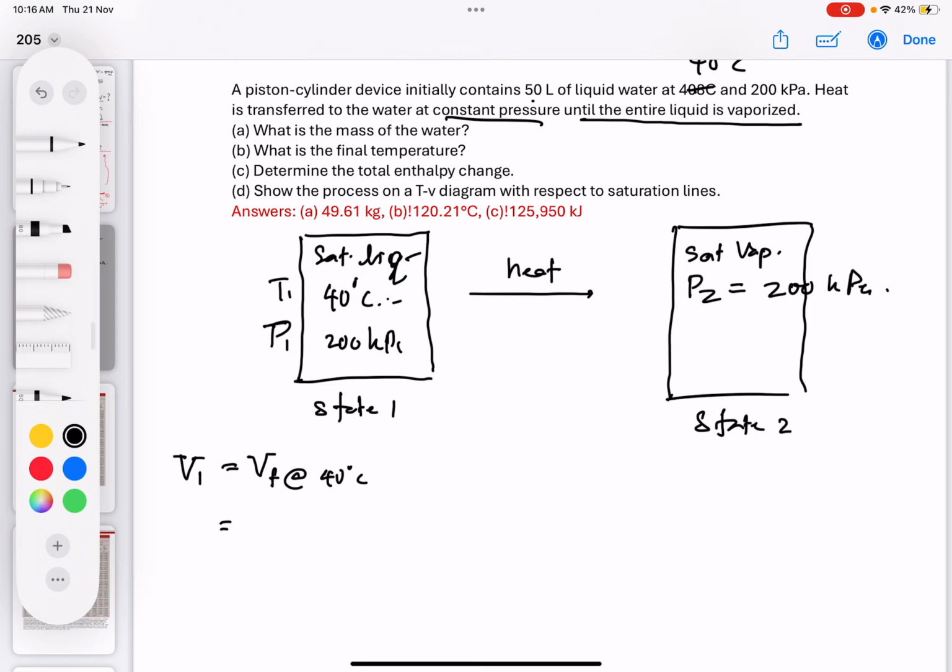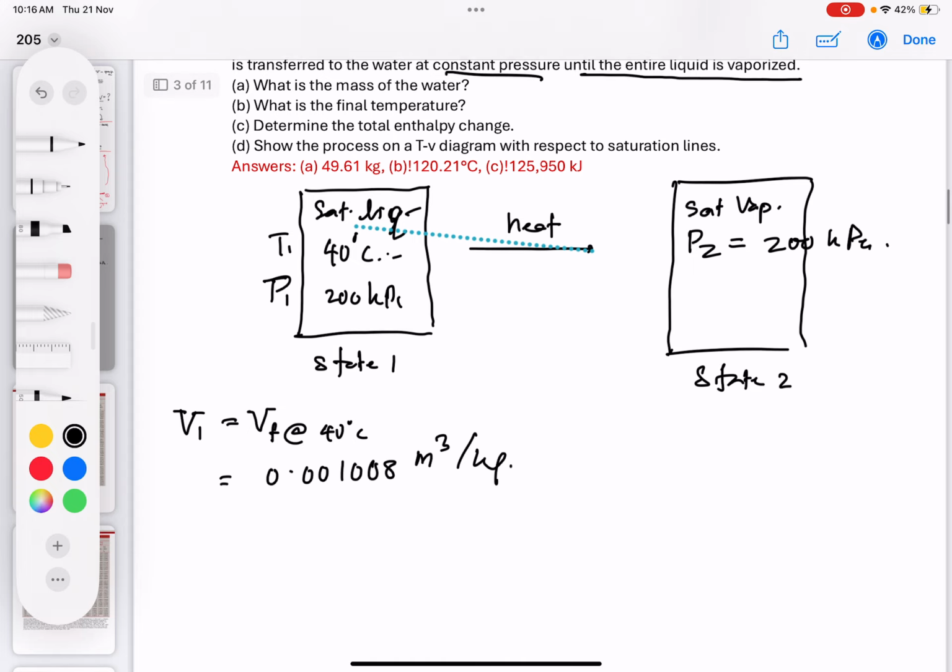Then it's going to be 0.001008 meter cubed per kg.